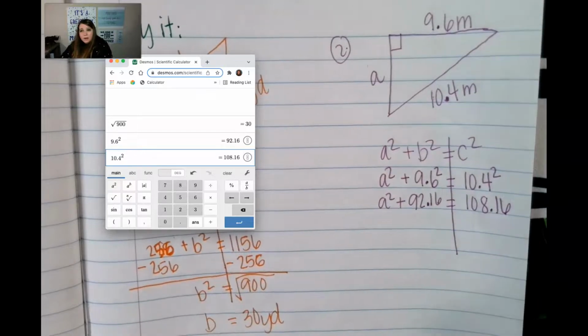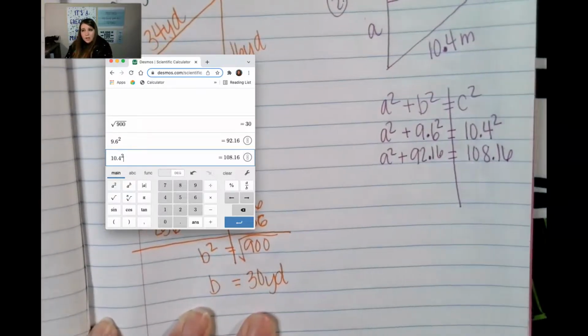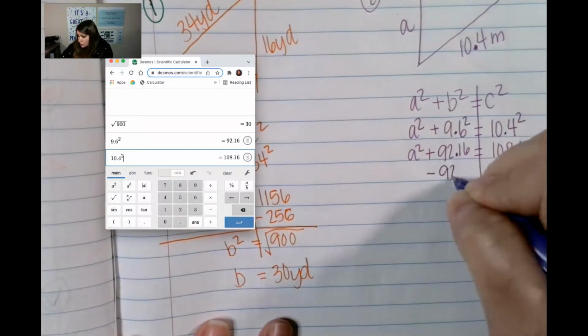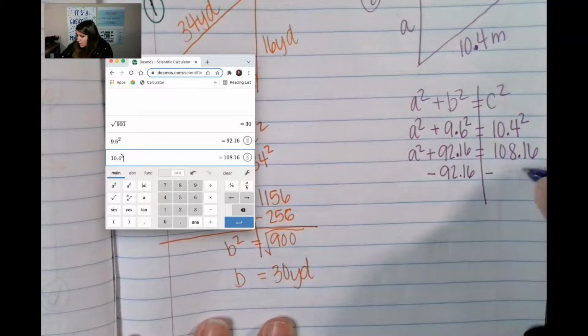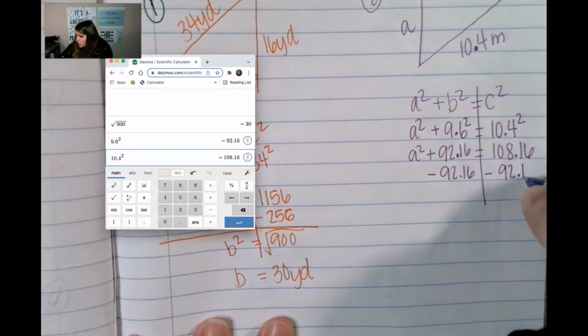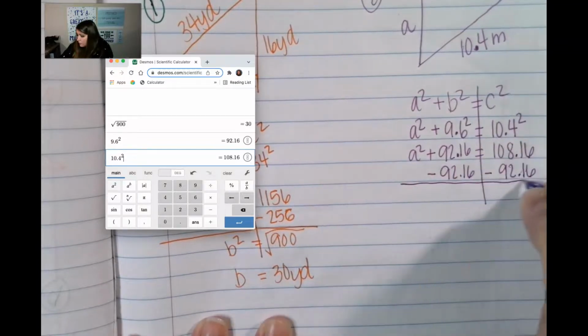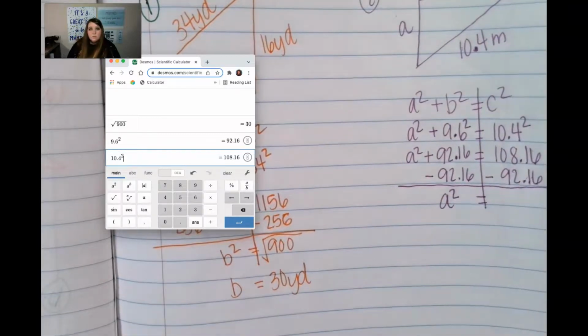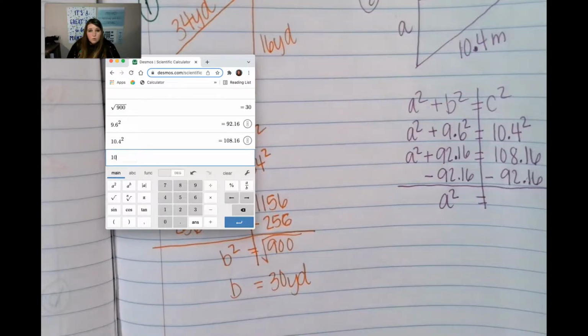And now I'm ready for some subtraction so that I can isolate this variable all by itself. So I'm going to subtract 92.16 and subtract 92.16. A squared equals 108.16 minus 92.16.